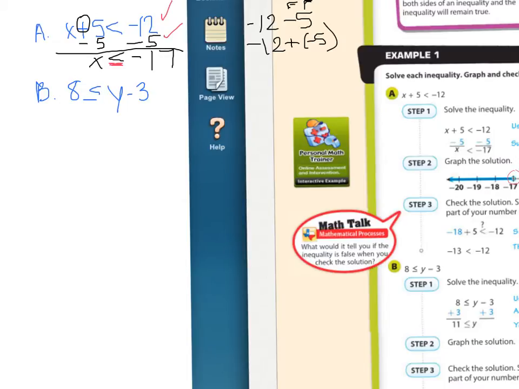But it's not. Let me make that a big less than sign. Because your answer has to be less than negative 17 and not equal to negative 17, we don't include negative 17, and that's why we have the circle that is open.